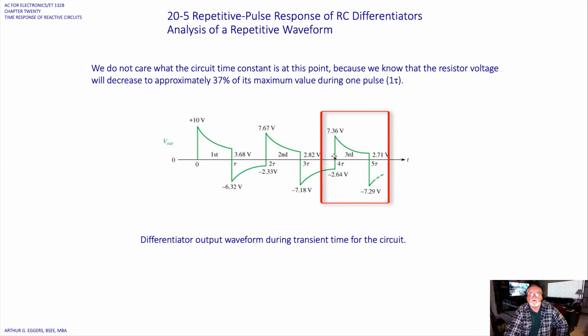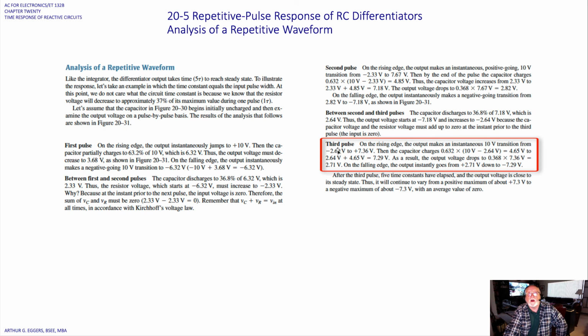On the third pulse, on the rising edge, the output makes an instantaneous 10 volt transition from minus 2.64 volts to plus 7.36 volts.